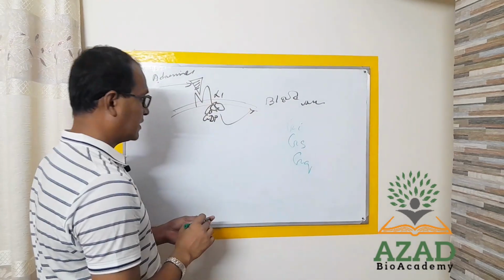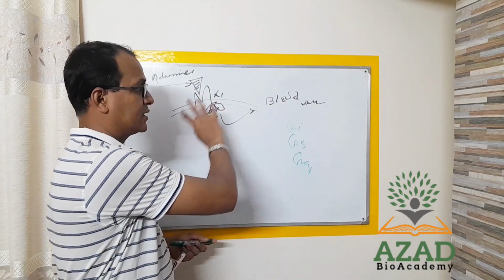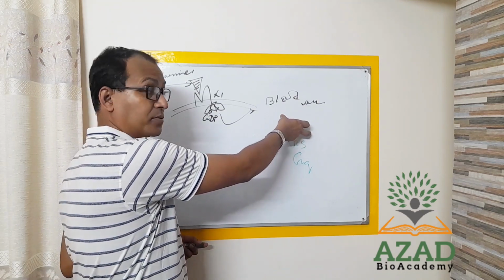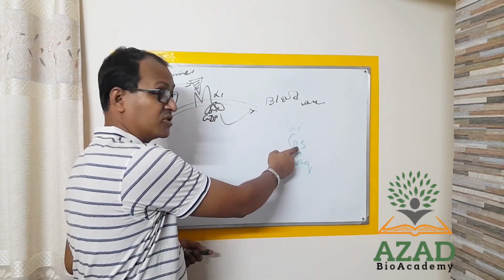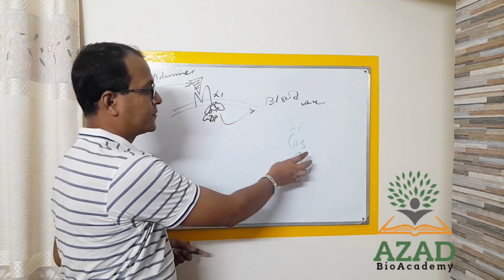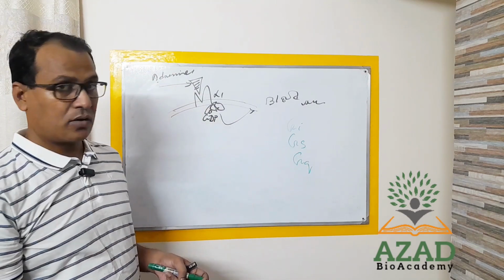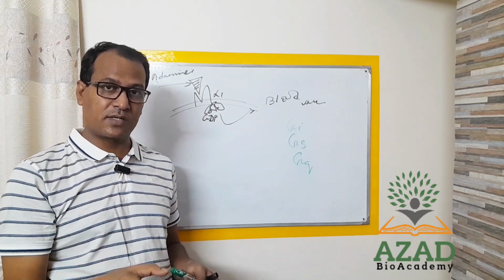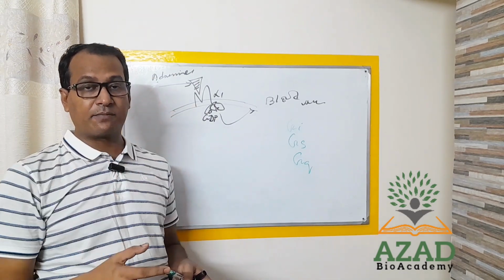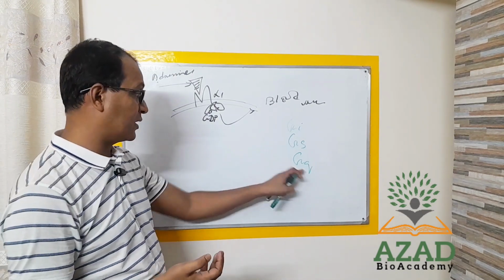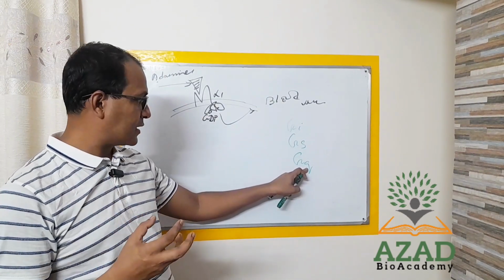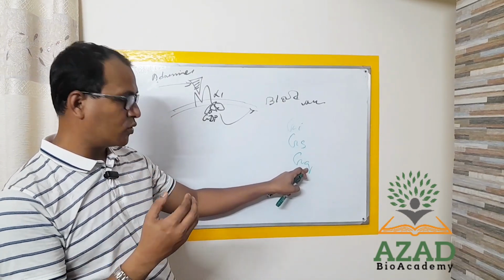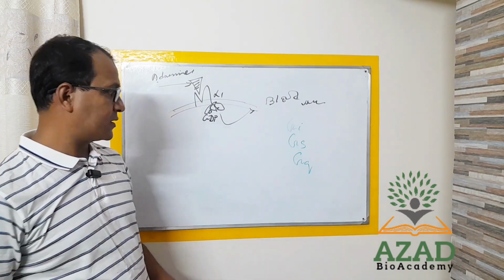Okay, G-I is the G protein with inhibitory function. G-S has stimulatory function. And the G protein with a particular function on the phospholipase C associated IP3 and DAG pathway is the G-Q. So why is it called Q? Actually, Q is a symbolic form to indicate a particular protein.